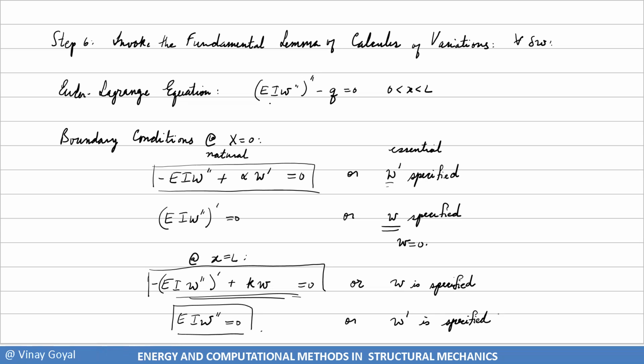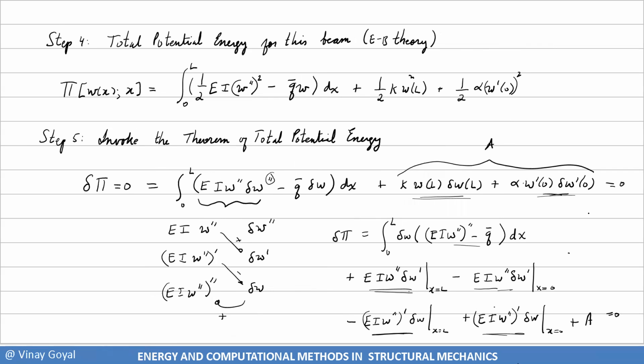And note, very important point to note, I should square this so it's clear. Very important point to note is that if you solve for w out of this set of conditions, that w is the one that minimizes pi and is the one that renders the system in equilibrium.